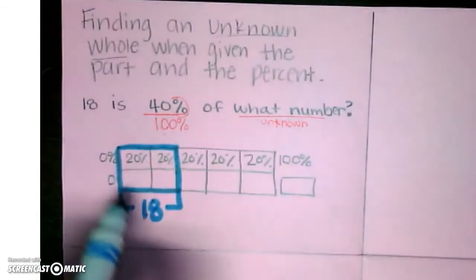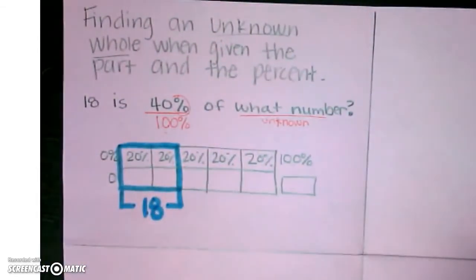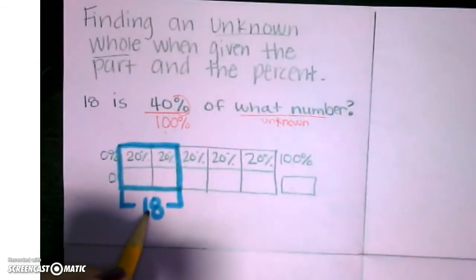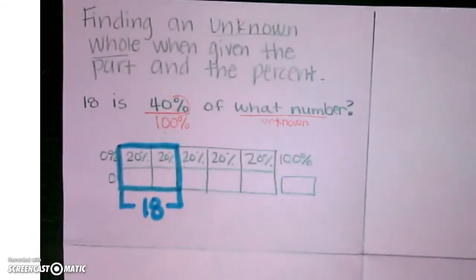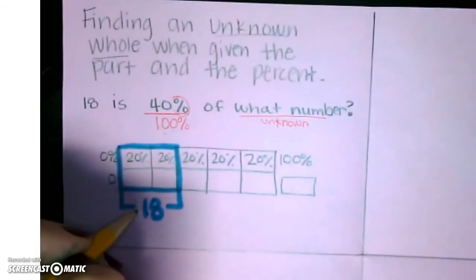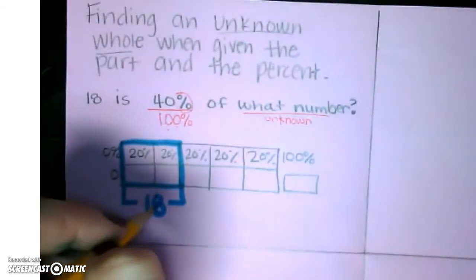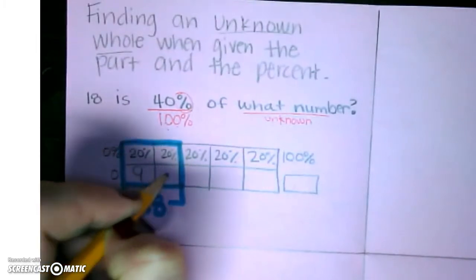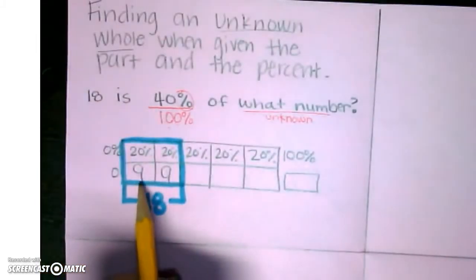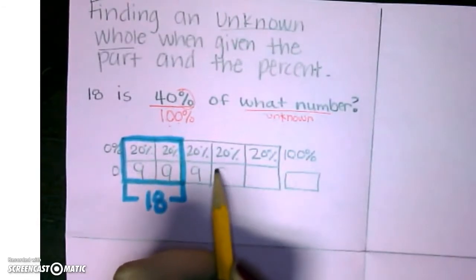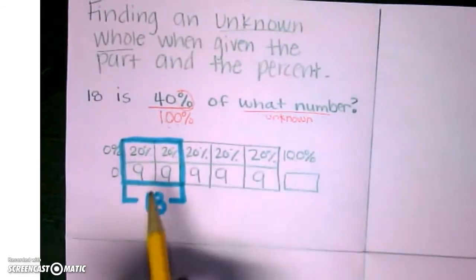So I know that this part right here is worth 18. Well, if these parts right here add up to 18, you have to ask yourself, what is each piece worth? Well, it's got to be worth the exact same amount, and 18 divided by 2, sharing that 18 between those two pieces, of course, is 9. Well, if those two pieces are worth 9, they're all going to be worth 9.